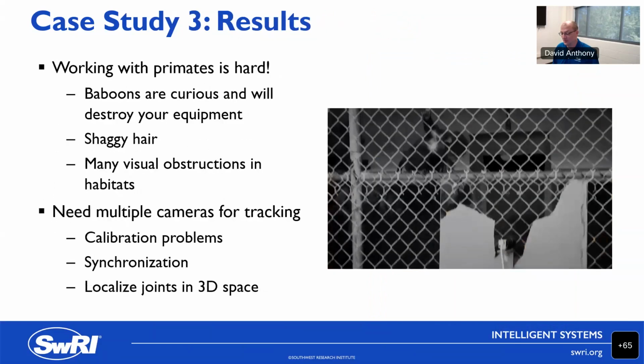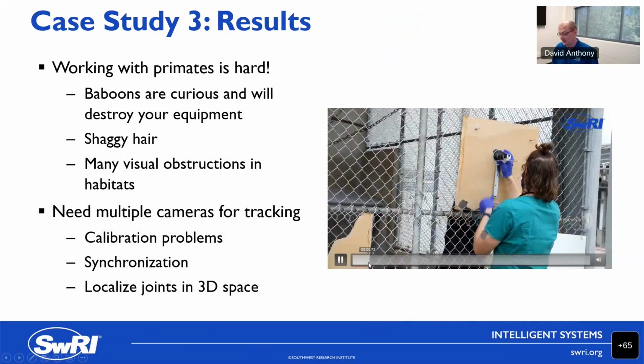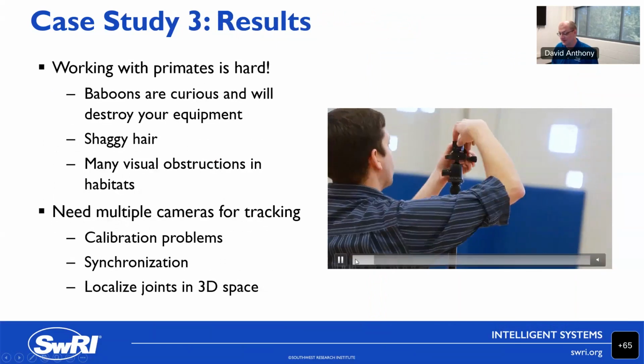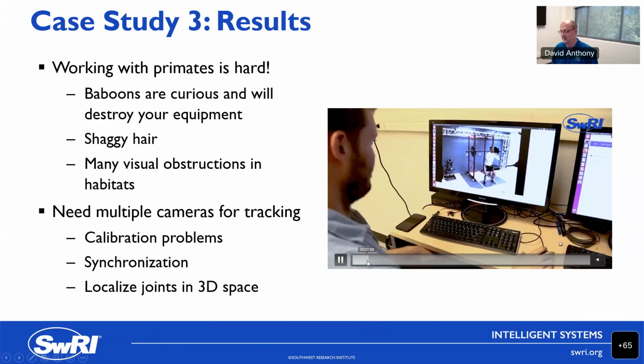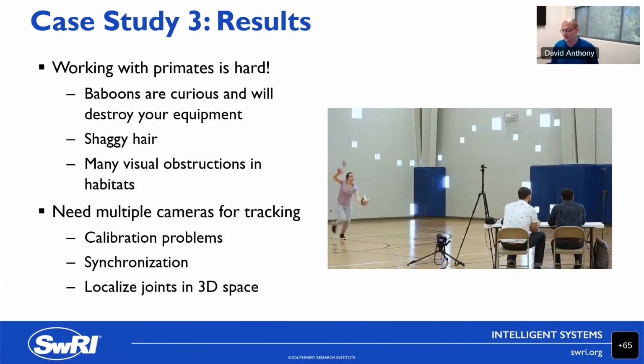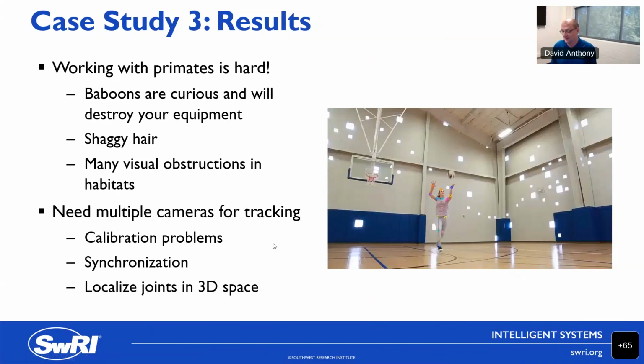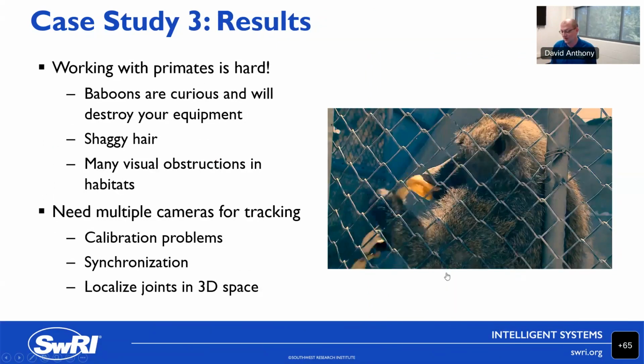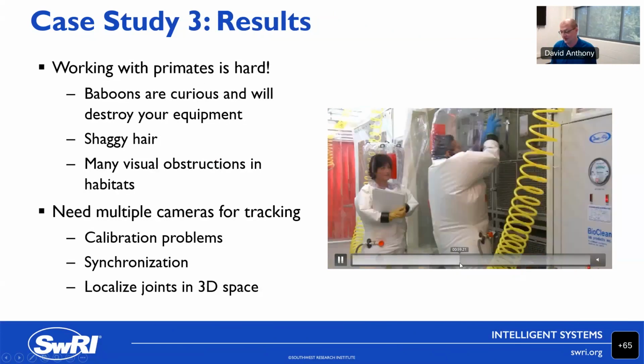And then we ended up deploying this type of network out to Texas Biomed to track some of their baboons. Motion capture technology uses. And it was a fun project. If anybody wants to talk to me about it, I can talk a lot about it. We ended up doing a lot of really exciting things with working with fairly wild animals and their cages.